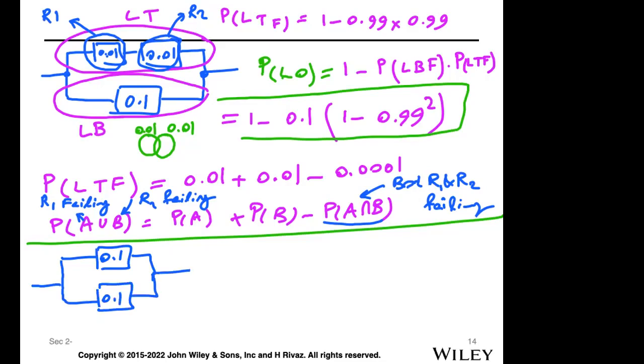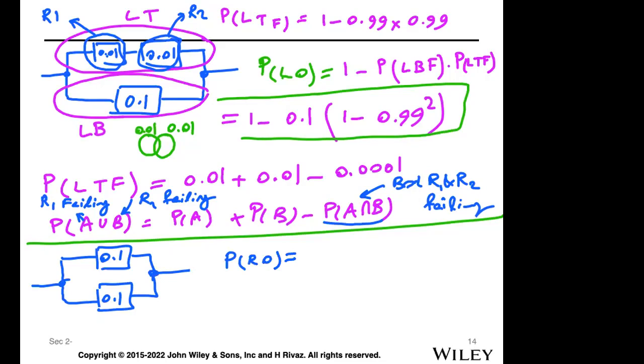So here I want to calculate the probability that this thing operates, right? So the probability that the right part operates is going to be, for this to operate, there has to be at least one path from left to right, right?